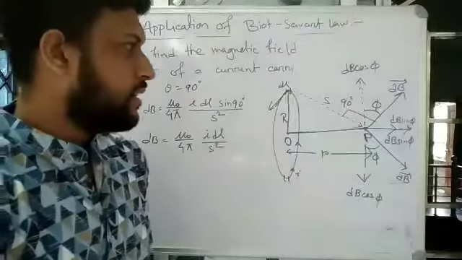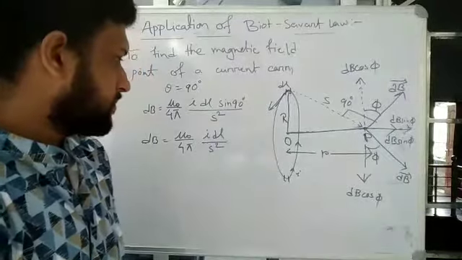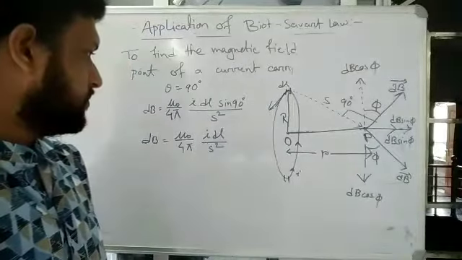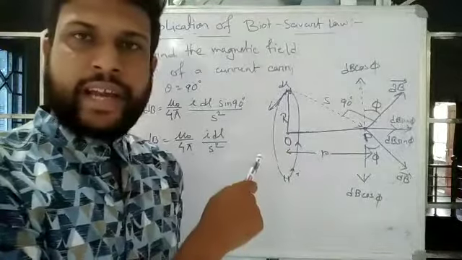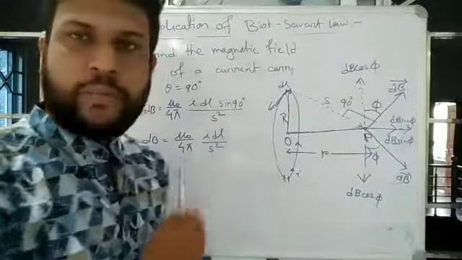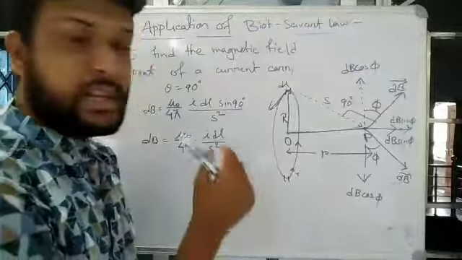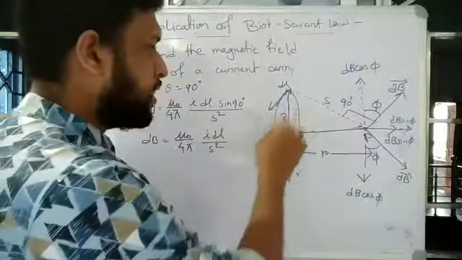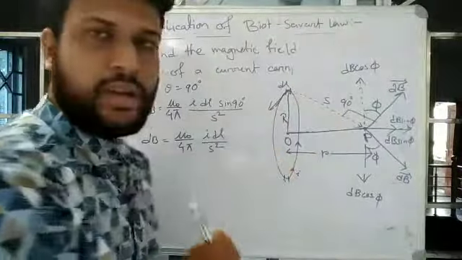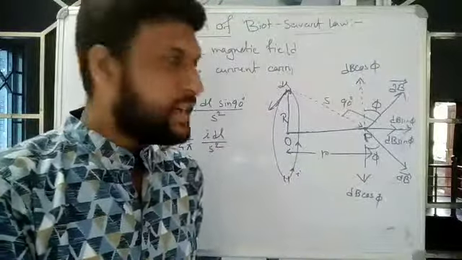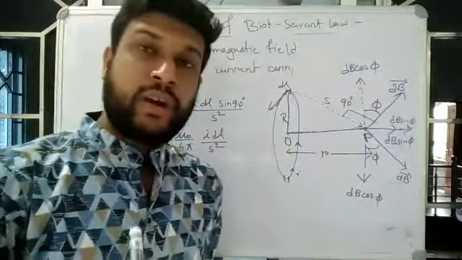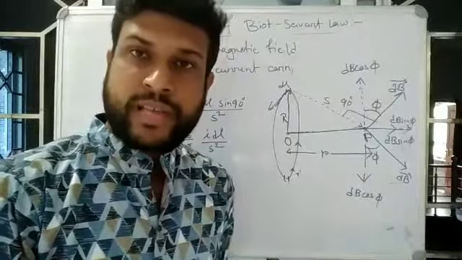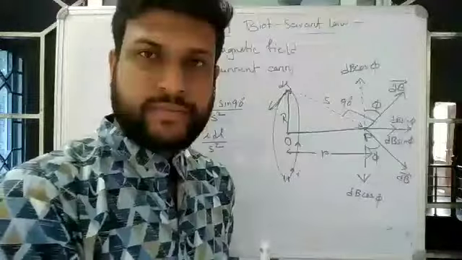Now look at the broad picture of this thing. So if we take another pair of dL, one here, one here, so again you will have dB but in a different direction. Okay, the direction will be different. You can also resolve that dB in these two directions.